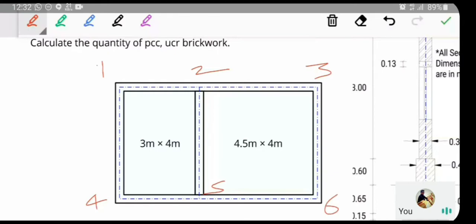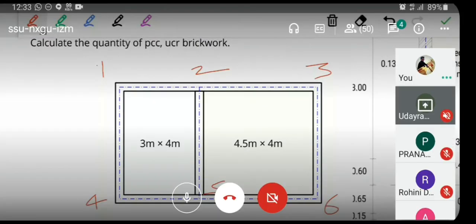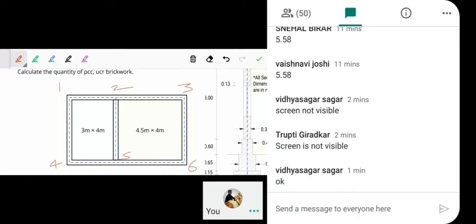Now dividing these particular sections into the long wall and short wall. So what will be the long walls and what will be the short walls? Tell me which one will be the long wall and which one will be the short wall.